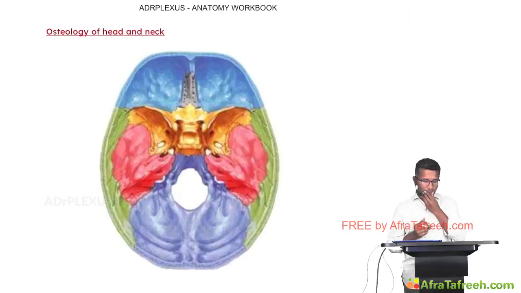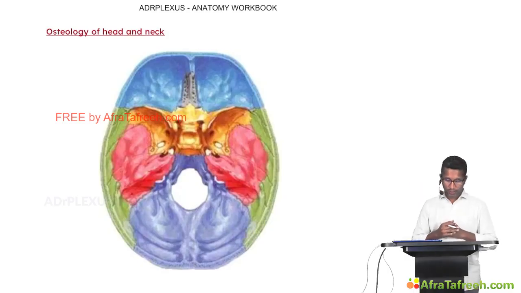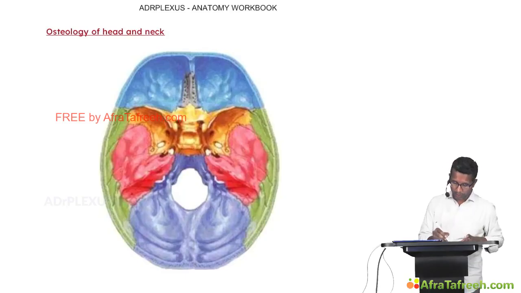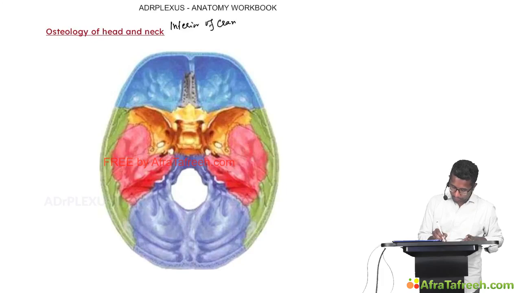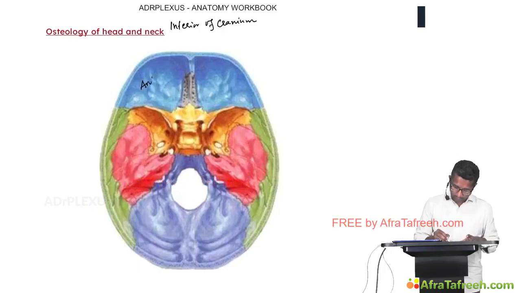If you see this part, the picture shows the interior of the cranium. This cranium is divided interiorly into three fossae. The fossa you see here is the anterior cranial fossa.